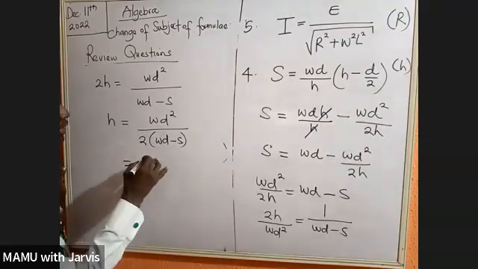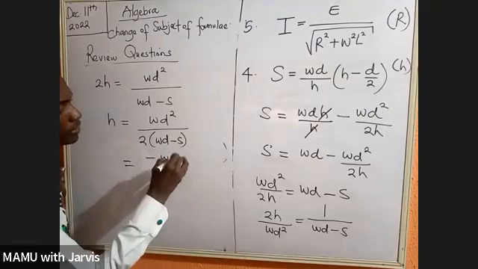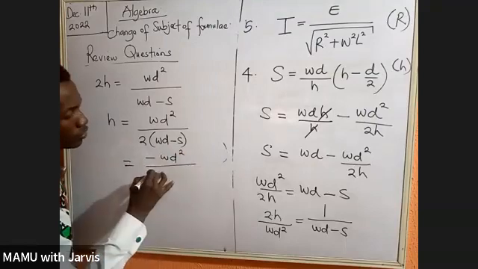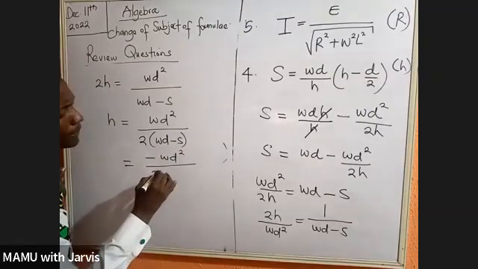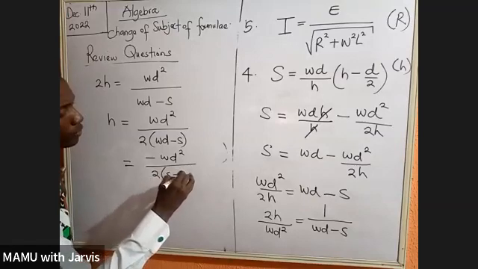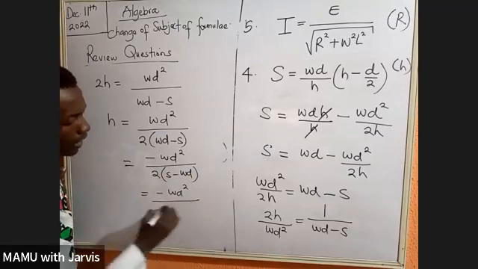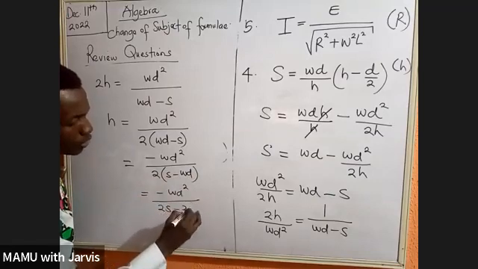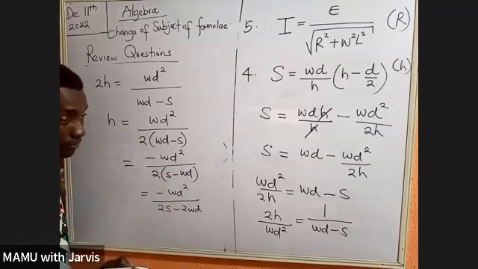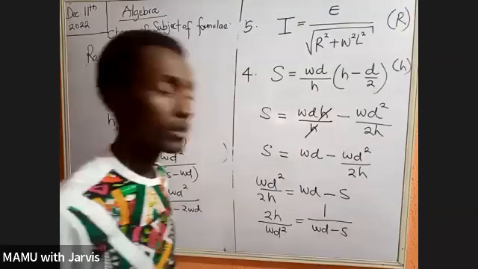You can have negative WD squared over 2 into S minus WD, which will be negative WD squared over 2S minus 2WD. Is that what you have? No, I had -d squared W for the numerator.